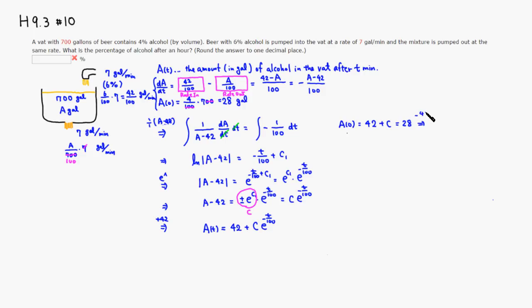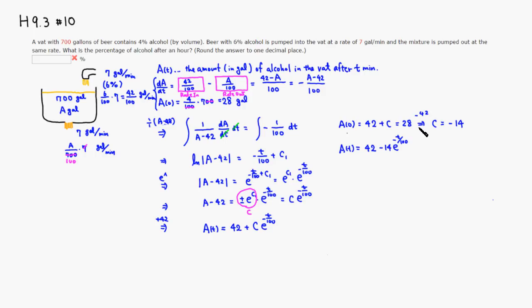Subtracting 42, C is negative 14. Therefore A of t is equal to 42 minus 14 e to the negative t over 100.